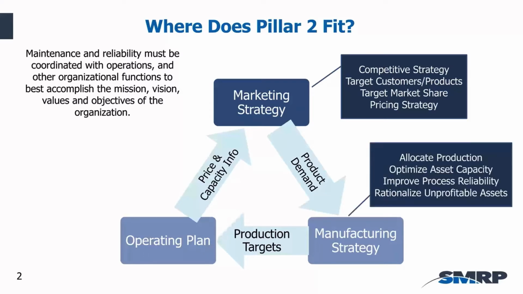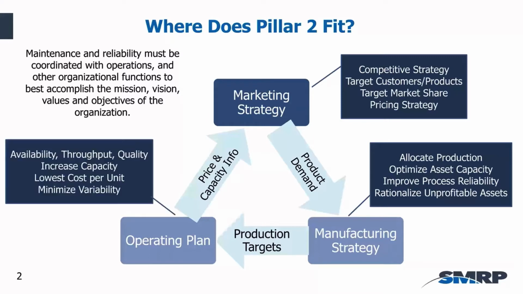In the manufacturing strategy, that's where we allocated production resources. We tried to optimize production asset capacity. We're looking at improving process reliability and rationalizing unprofitable assets. Based on that manufacturing strategy, we wanted to develop production targets, and those production targets then fed the operating plan.